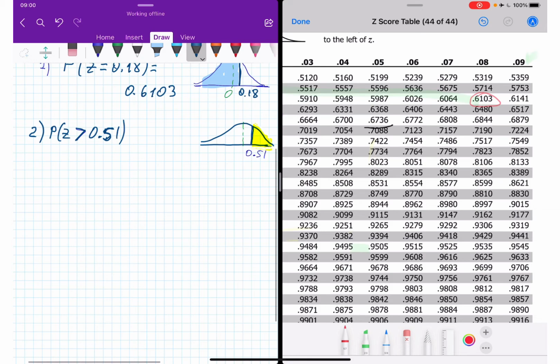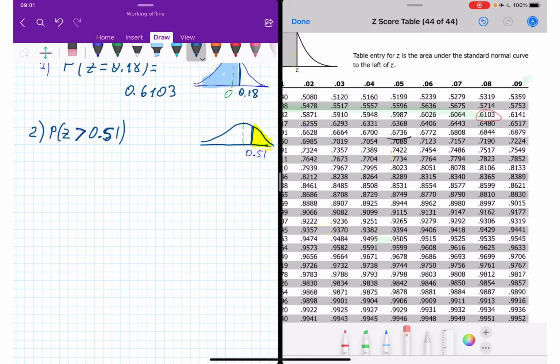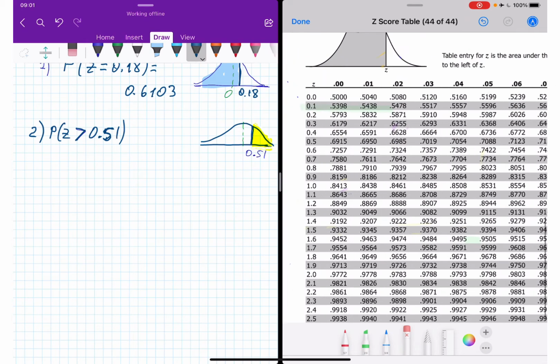All right, so let's find 0.51. Let me clean this. 0.51, 0.5, and here is 1. So we have 0.6950.